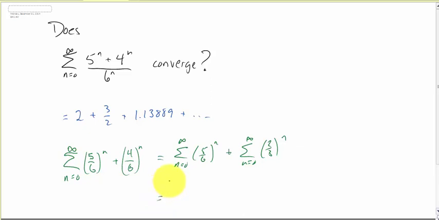And these are both infinite geometric series. First one has a first term of 1 and a common ratio of 5/6. Second one has a first term of 1 and a common ratio of 2/3. So this sum becomes 6 plus 3, or 9, ladies and gentlemen.